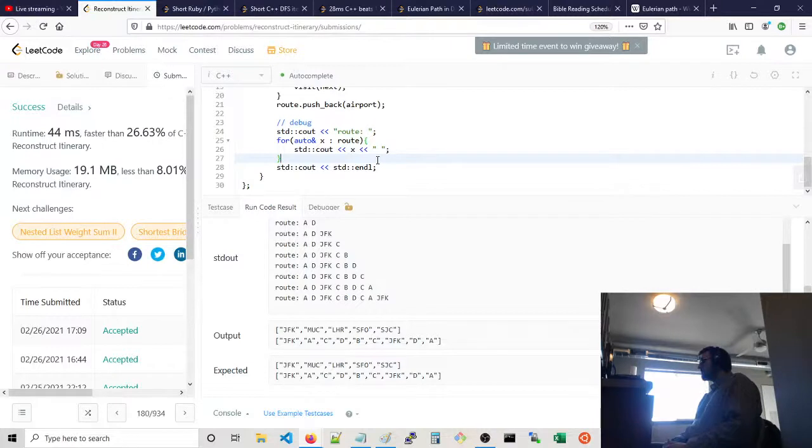Oh wow, that's super interesting. Oh, this isn't O of n, by the way. People are writing that these algorithms are O of n. Not true. They're O of n log n, something like that. Basically, because we're using a multiset, there's a sorting going on here.